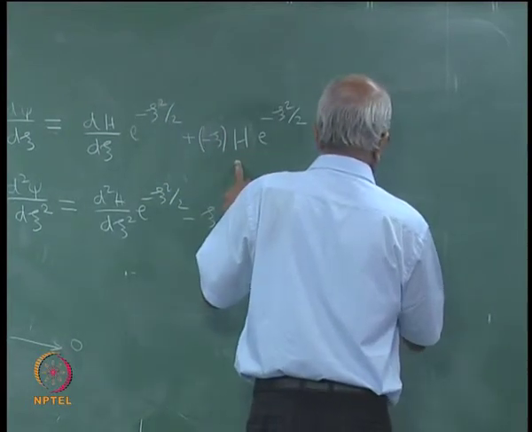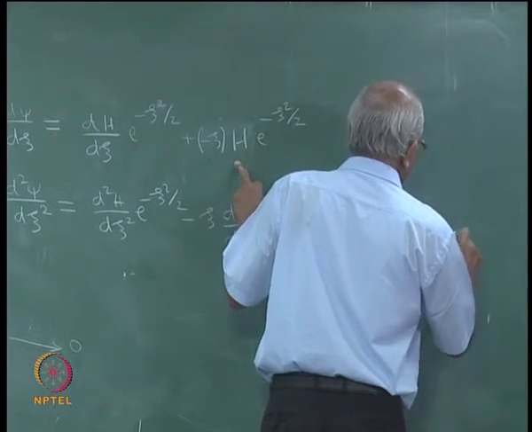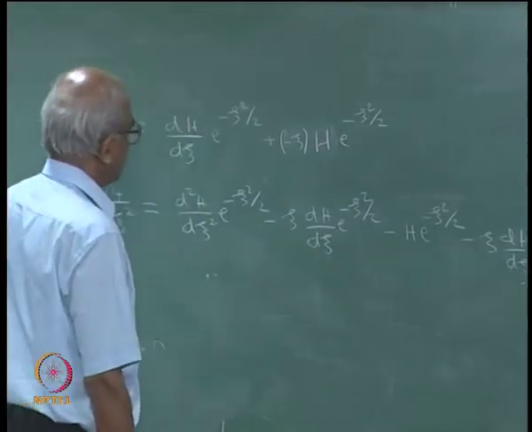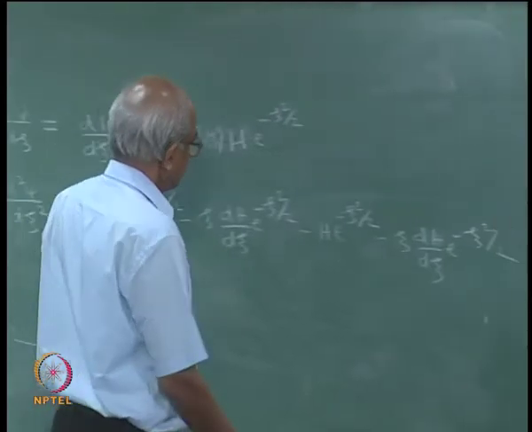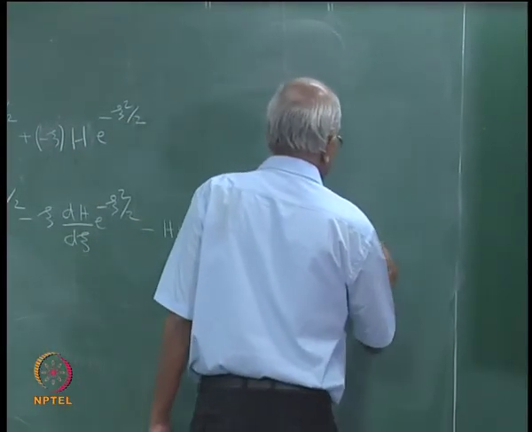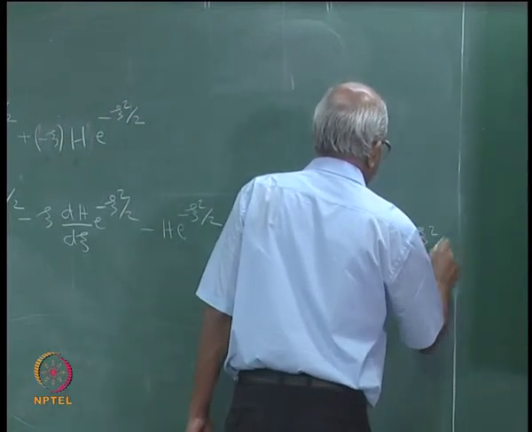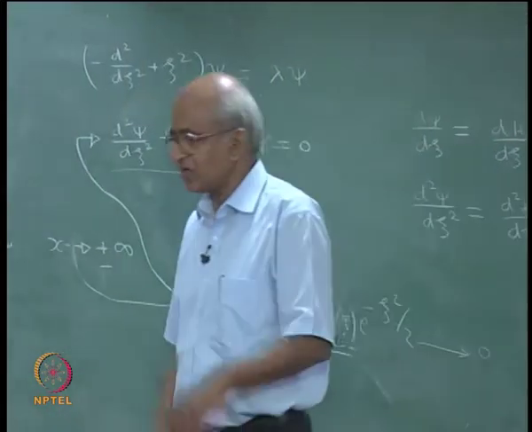I will also have minus c dH by dc e to the power of minus c square by 2. I am not done because there is one more term, and what is that term? That is going to be plus c square H e to the power of minus c square by 2. So, this is the full set of terms that result when you carry out this differentiation.